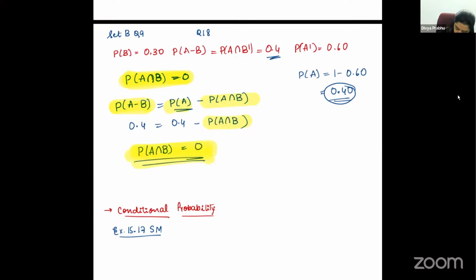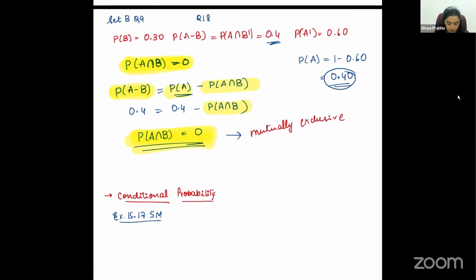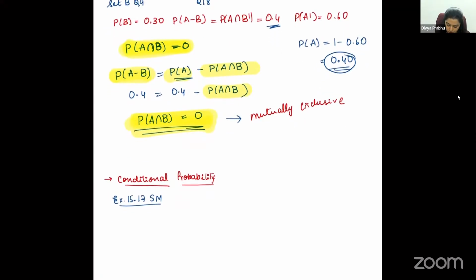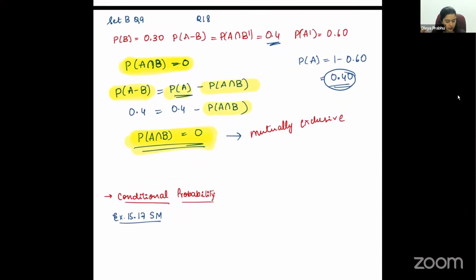If this is 0, the events are mutually exclusive. Clear? Write this down. We will then proceed to the next concept.